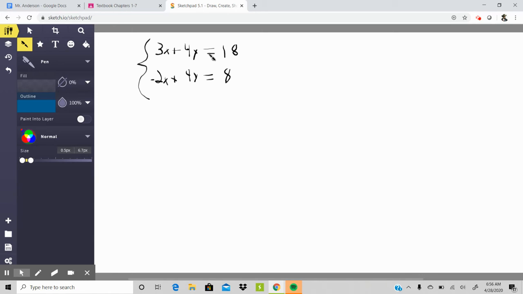Because on day one, I was able to look at the coefficients, the numbers in front of the variables, and there was always either the coefficients with the x variables were the same and the opposites, like it would be a 1x and a negative 1x, and I could combine them and they would zero out. Or let's just say it was like a 3y and a negative 3y, and 3 and negative 3 zero each other out. But let's just see what happens with this system of equations if I just try to combine these two equations with elimination.